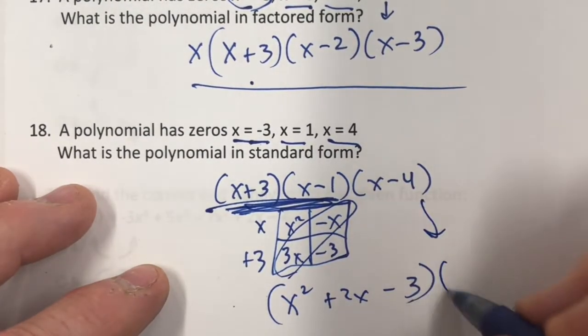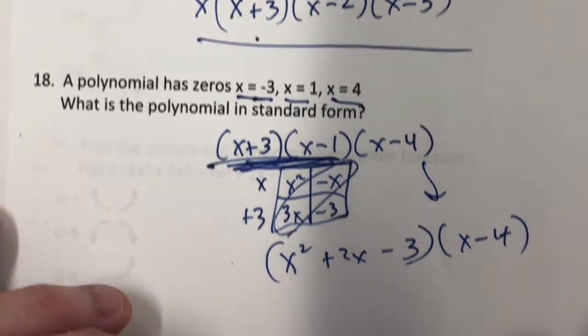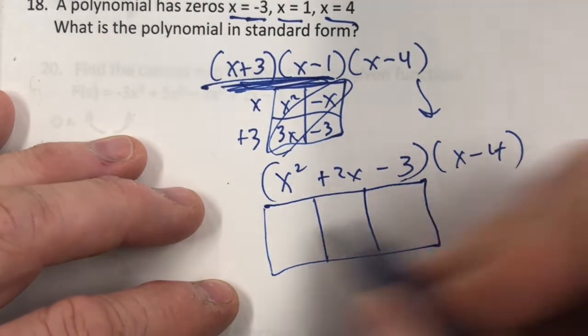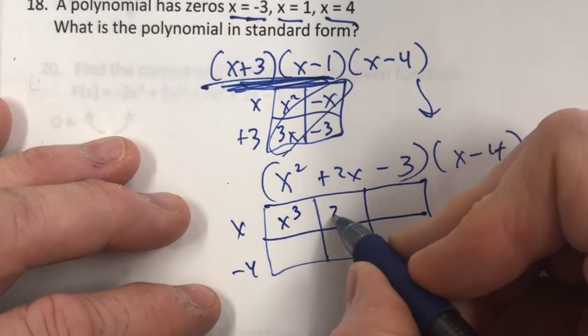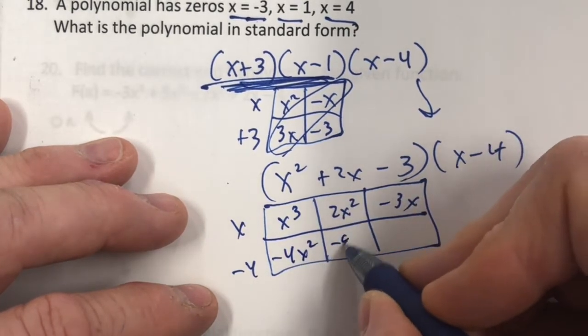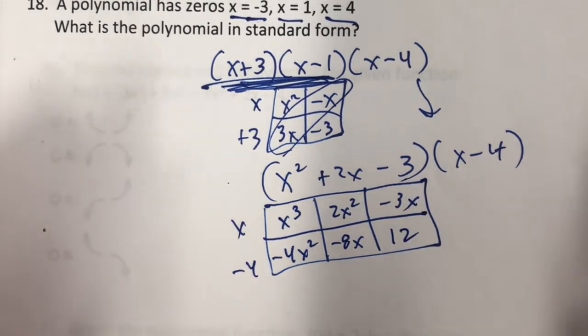Now I bring this guy down and multiply it again. All right, so I'm going to build a box underneath this guy. Put an x minus 4 over here. This is going to be x to the third, 2x squared, minus 3x, negative 4x squared, negative 8x. We're kind of fast here. You can pause this and look at it if you need to.